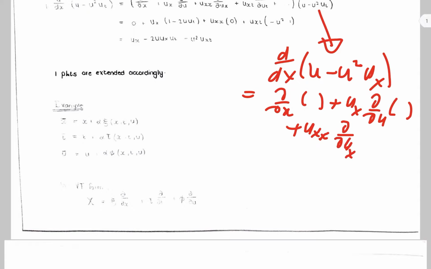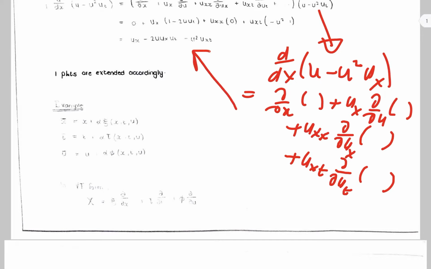Remember, this is in the jet space, so the u_x is a variable in its own right, and then you've got u_xt, the partial derivative with respect to u_t of the same thing. So that's what we will end up with.